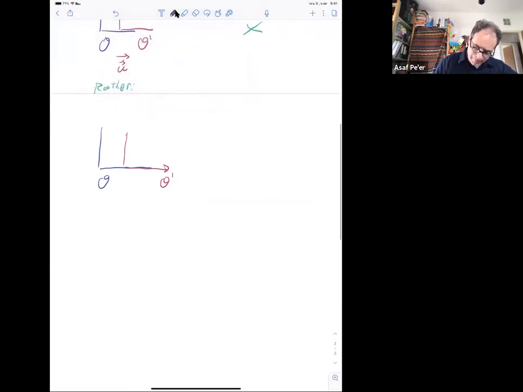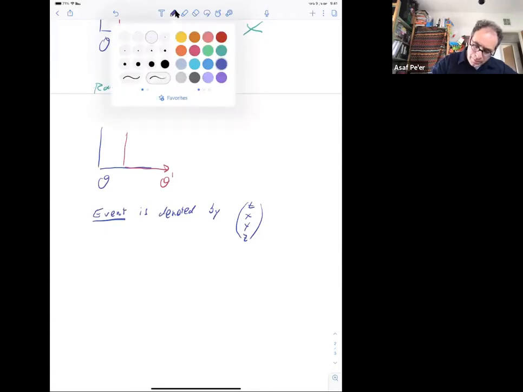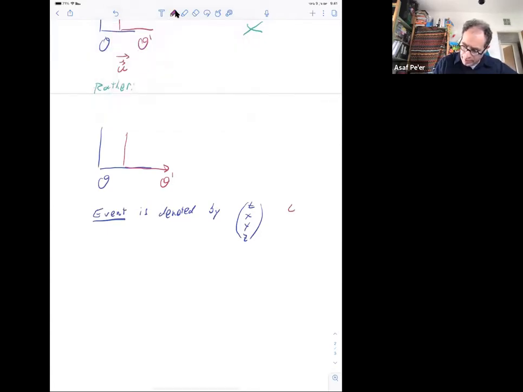An event is denoted by time and place: time, x, y, and z, as seen by observer O. And as seen by observer O prime, in his or her frame, it will be t prime, x prime, y prime, and z prime, right?